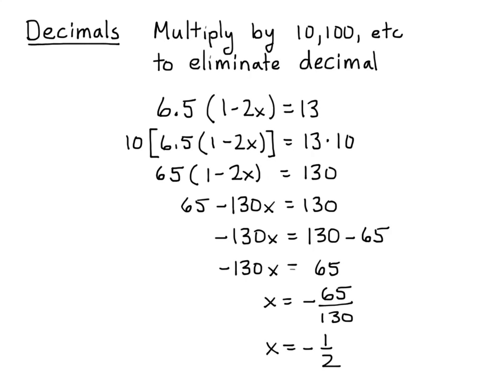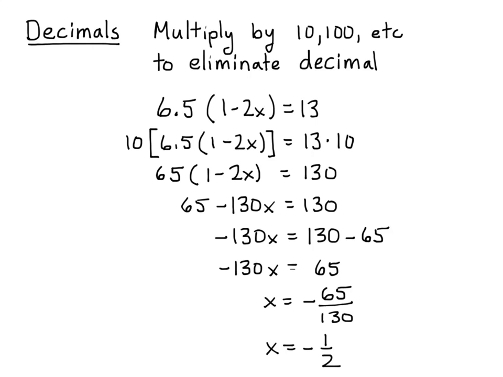to negative 1/2. And this is a perfectly good answer, but in this case too, whoops, I guess I didn't write it down. I had intended to write down negative 0.5 would be appropriate here. And it's appropriate because you started with decimals, and so it's okay to answer in decimals. It's kind of like saying the preferred language is English, and so we answer all the questions in English.